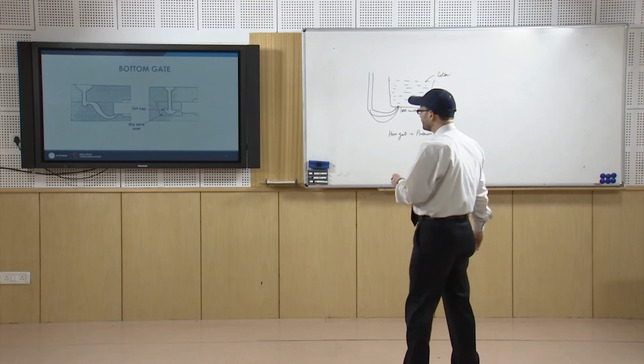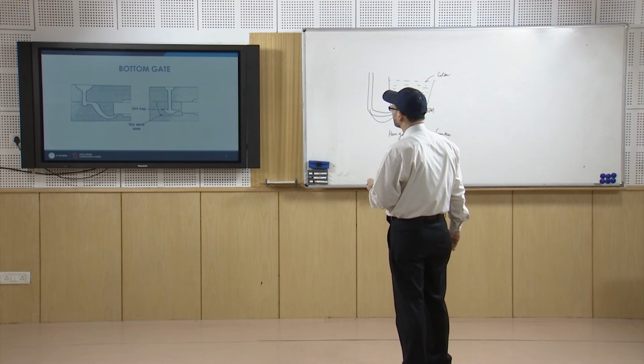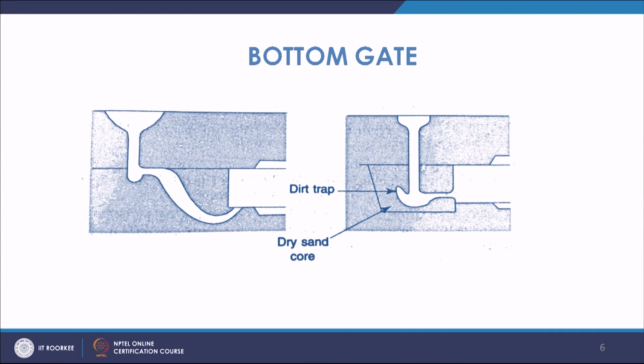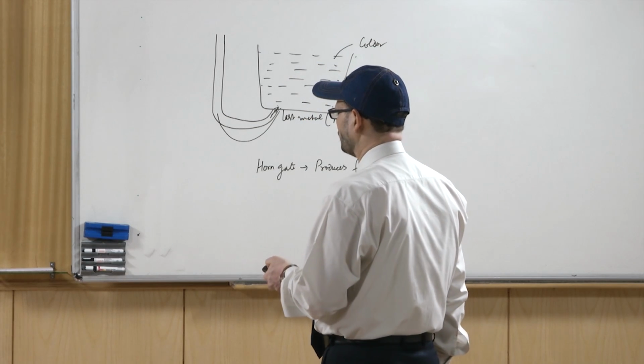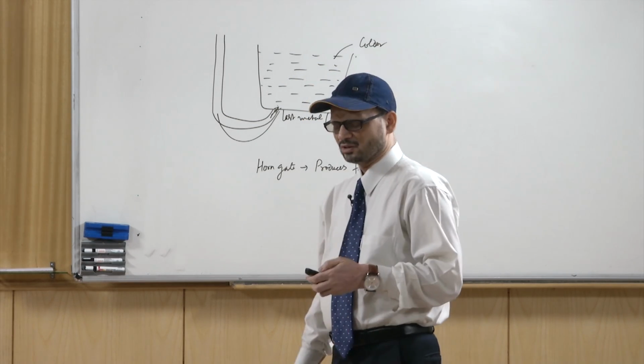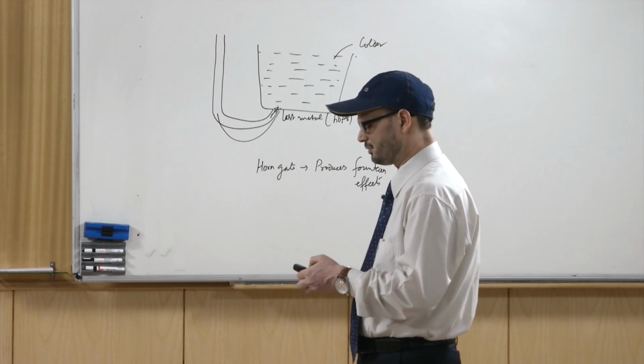So, in that case you have this dry sand core practice, putting this area with dry sand core, so that it absorbs the impact forces and prevents damage to the molding material. So, this is how this bottom gating is done.